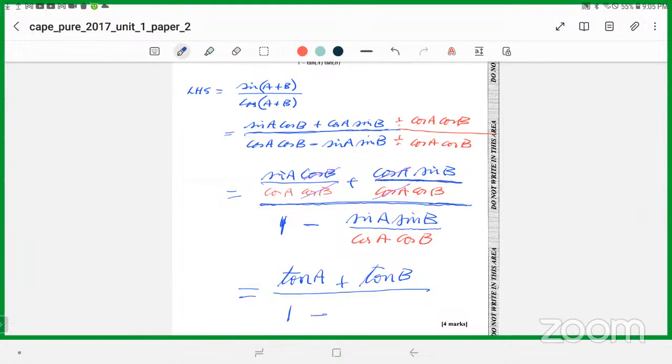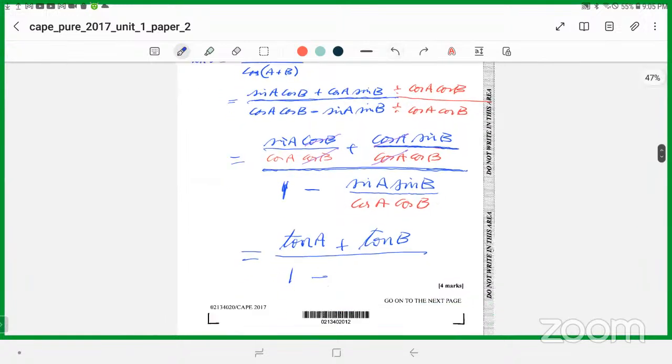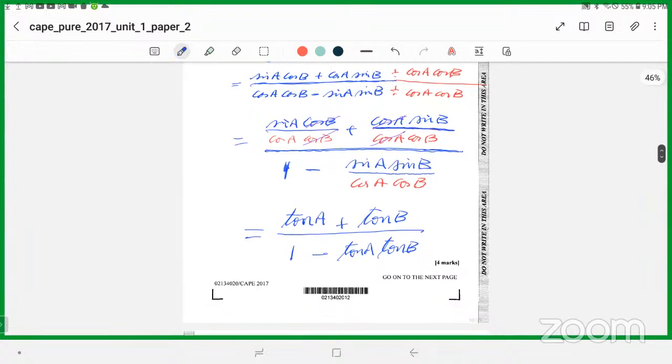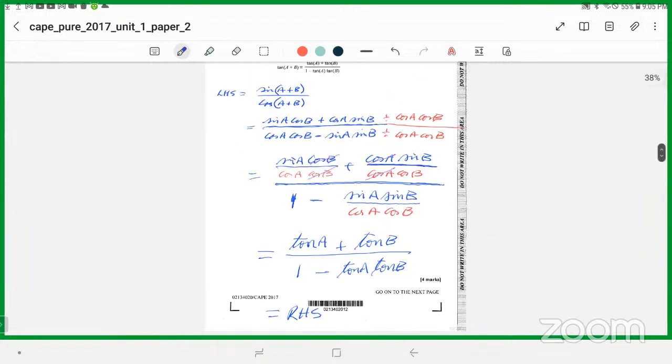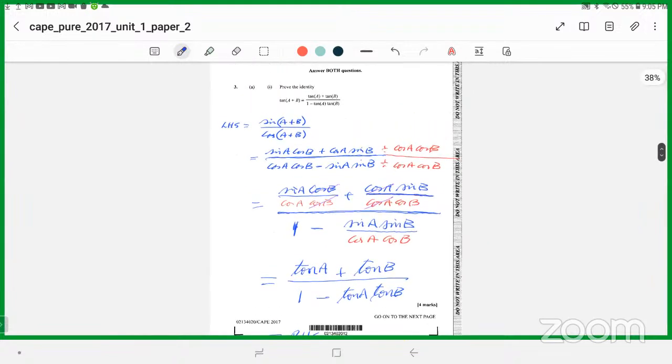Now this one: sine A over cos A is tan A, and sine B over cos B is tan B. And that is the right hand side. That is it. See that?